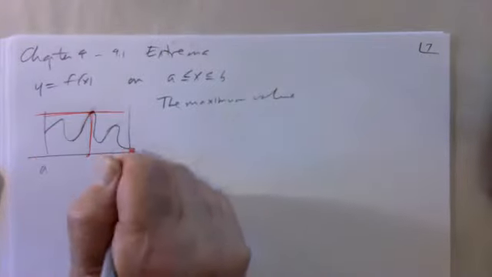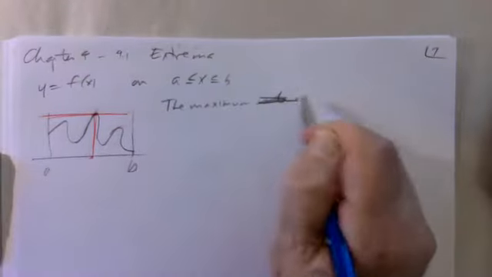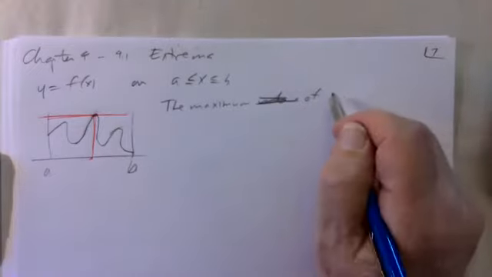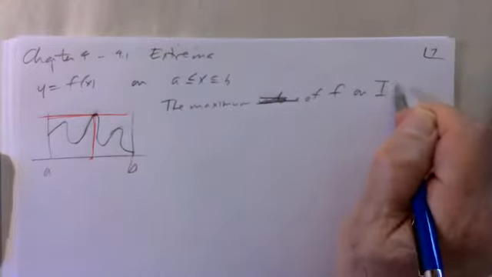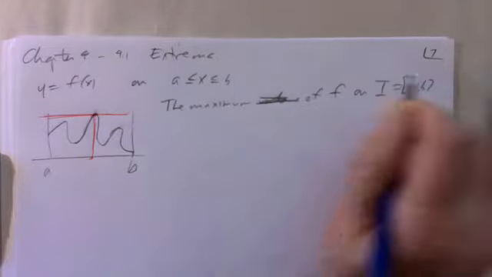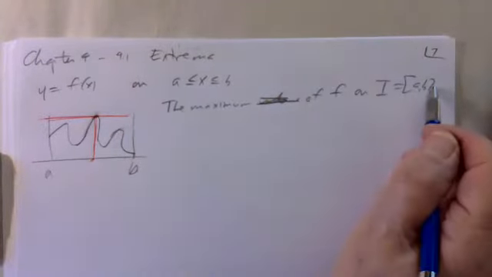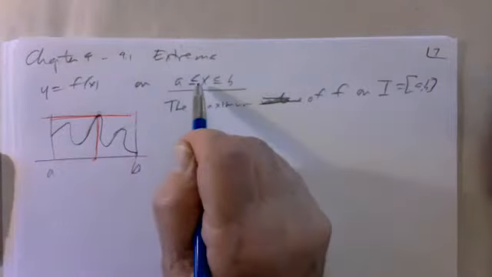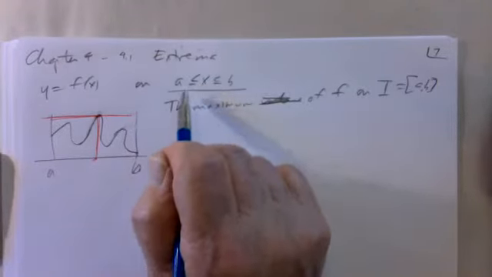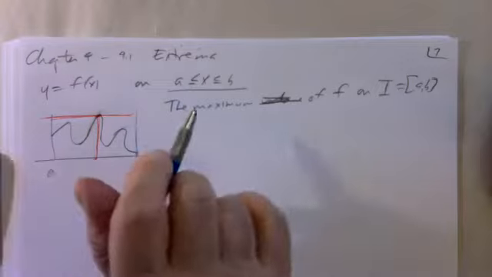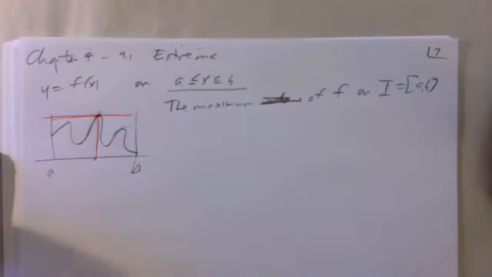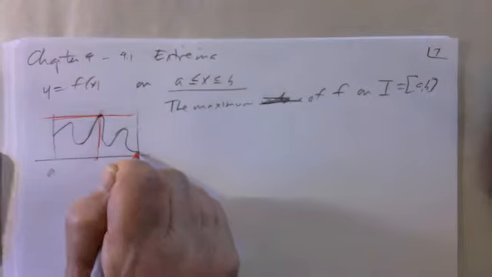Whatever value of x this is, at that point, the graph is the highest it is on this whole interval. So this is the maximum value, or the maximum of the function f on the interval I, which is this closed interval from a to b. Closed interval from a to b means all x such that x is greater than or equal to a and less than or equal to b. And the smallest value looks like it's right here at the end.